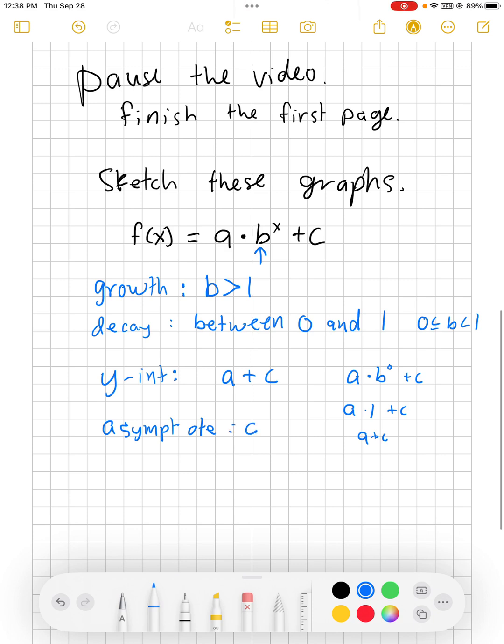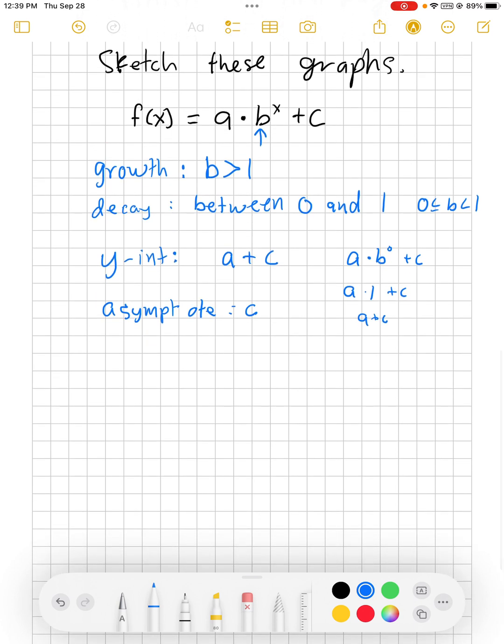So if I want to sketch a graph of something, for example, if we had an equation like f of x is equal to 4 times 3 to the x plus 1, I could sketch a quick graph and have a general idea of what this is going to look like without too much difficulty. First, is it growth or decay?